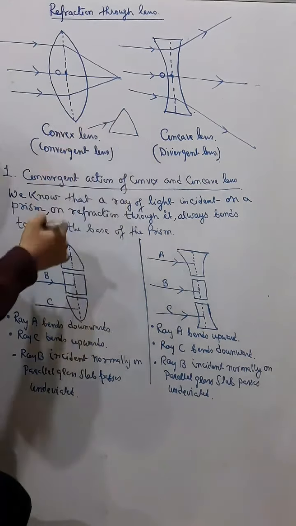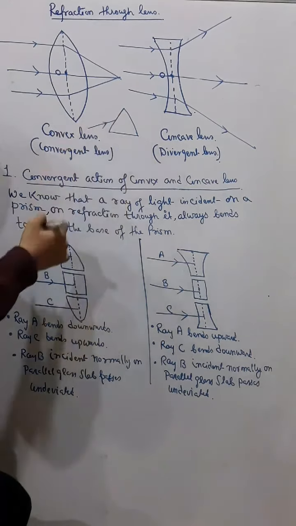Okay, now we'll talk about some technical terms related to lens. Now the center of curvature. So center of curvature of a convex lens, center of curvature of a concave lens. In fact, we can imagine this convex lens and a concave lens, they are a part of a sphere. Okay, sphere, a ball.